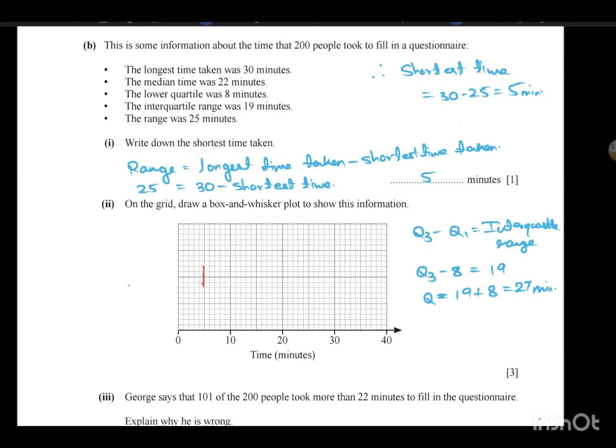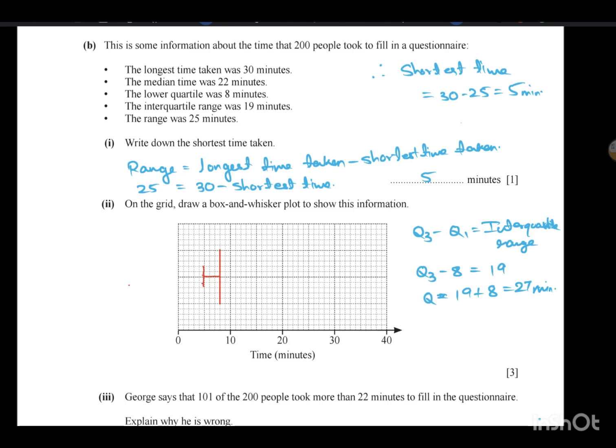Then you will have to take the lower quartile, that is 8 minutes. 8 minutes is after 5, 6, 7, 8. Take a little bigger line, and draw a straight line like this.